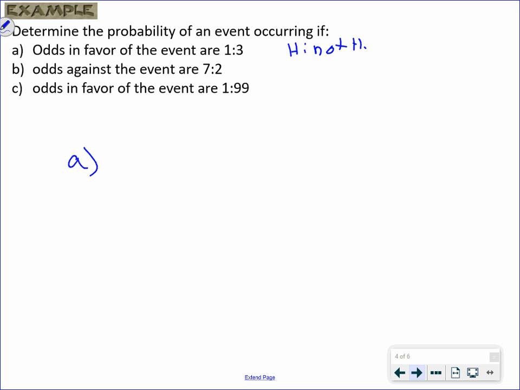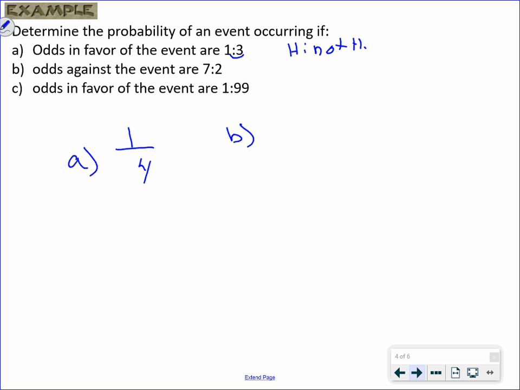So if we want to change this into the probability of something happening, we're going to have 1 out of the total amount. So if we add 1 and 3 together, we'll get 4. So 1 out of 4 that something is going to happen.